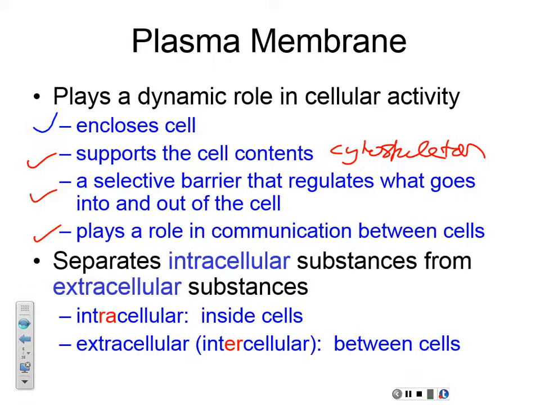And then, of course, it separates the extracellular environment, which is the interstitial fluid, because it's between cells, and the internal environment, which is inside. So it's very important to demarcate these two, right? Because otherwise the cell is just going to be like all the other fluids, and it's not going to be unique in its function and characteristics.